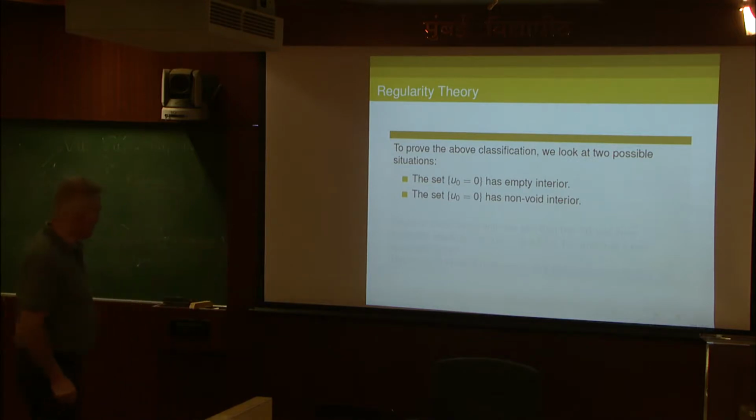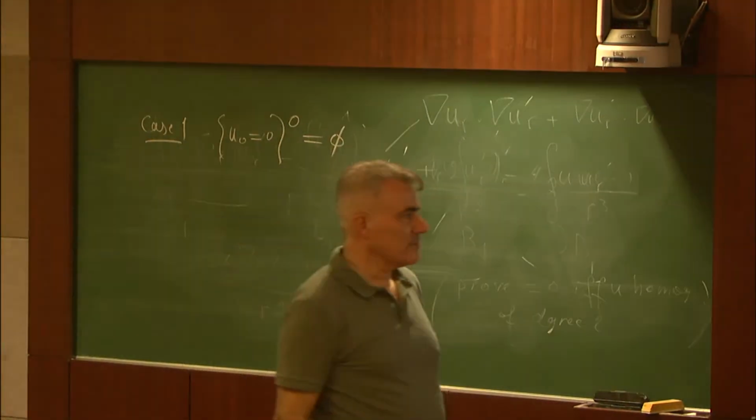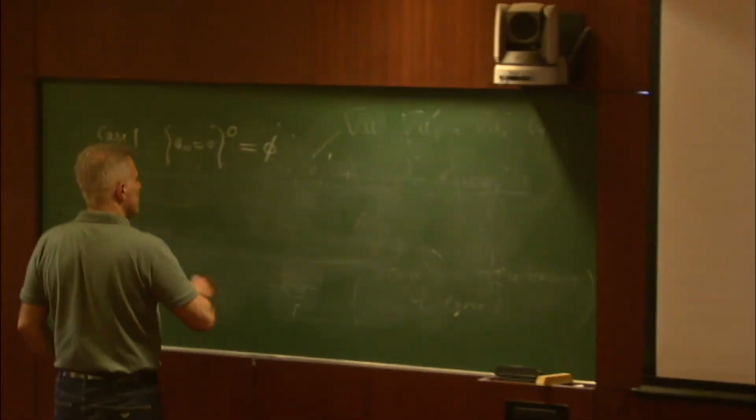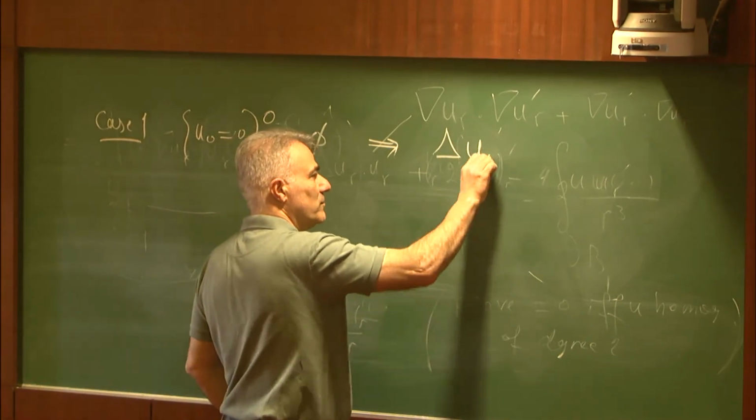Okay, so here's a question for you actually. So it has empty interior, case 1. U0 is 0, its interior is empty. So let's look at this case. What does it say? I claim this gives that Laplacian of U0 is 1.